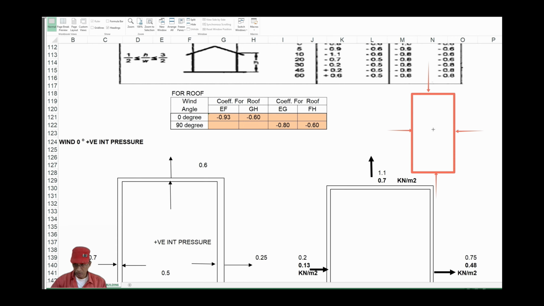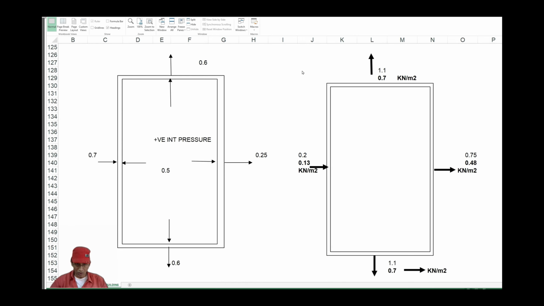There will be one set of cases with positive internal pressure and the other set of cases with negative internal pressure. Now we must understand how these wind pressures are computed for a structure. So this is a rectangular shape.